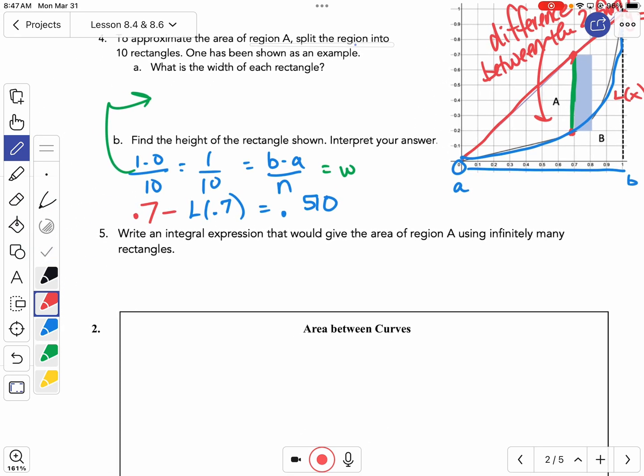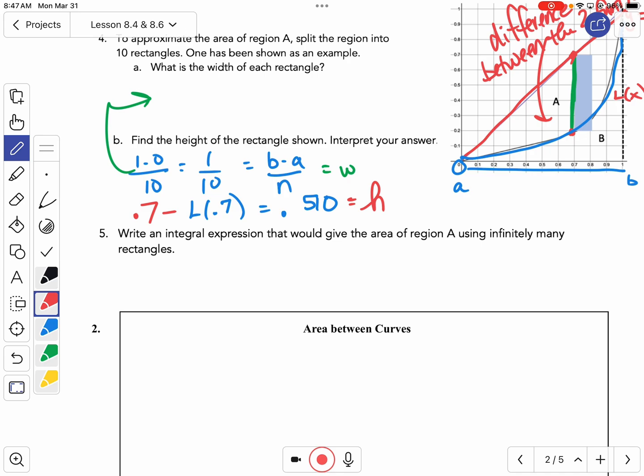So we're going to get our height from the difference between the two functions. Now, we've learned in calculus throughout a lot of this, if we want to get an actual area, how many rectangles does it take?